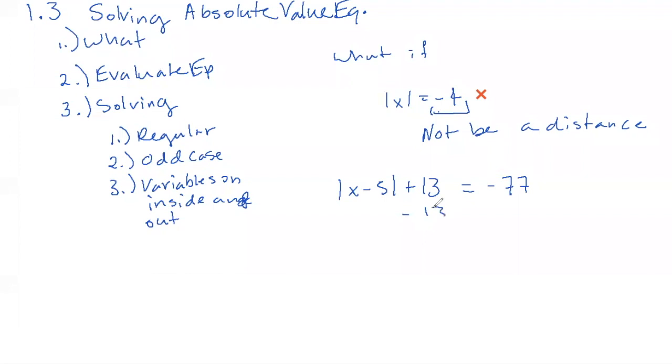You would subtract 13 from both sides, and you end up with the absolute value of x minus 5 equals negative 90. Well, once again, if you have absolute value, and that's all you've got on the left, and you've got a negative on the right, that cannot exist, right? You cannot have a negative as an absolute value because negative numbers are not a distance.